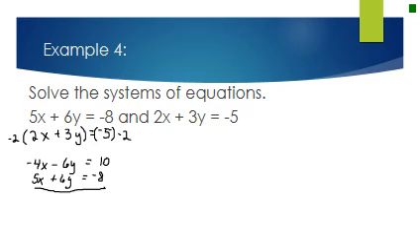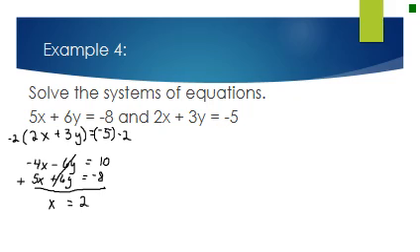The -6y and the +6y, those are going to cancel out. -4x plus 5x, that leaves us with 1x, or we can just write x. And then 10 minus 8 gives me 2. So now we figured out that x equals 2.